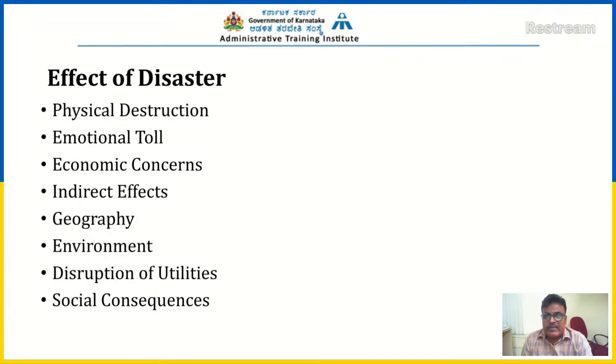What are the indirect effects of disasters? There are not only direct effects, but more indirect effects, because the impacts of a disaster are not usually visible to the eyes.